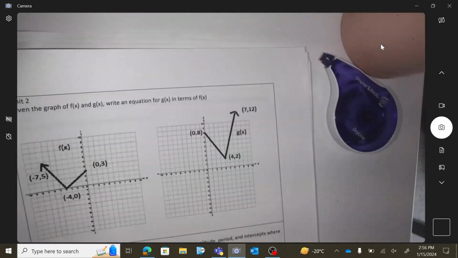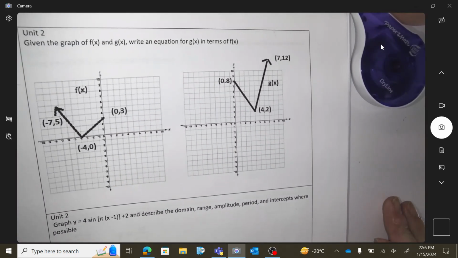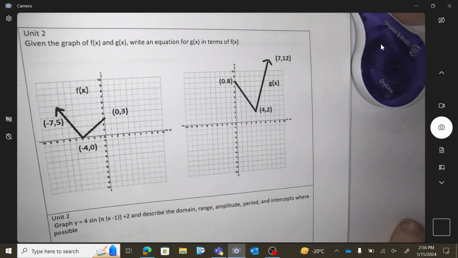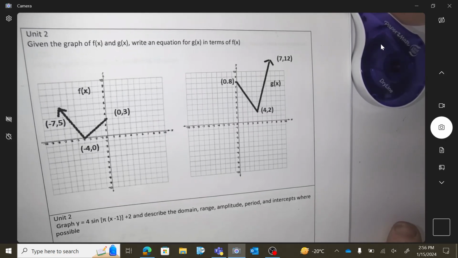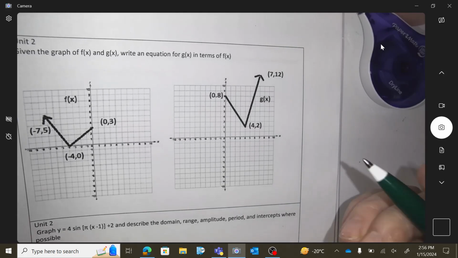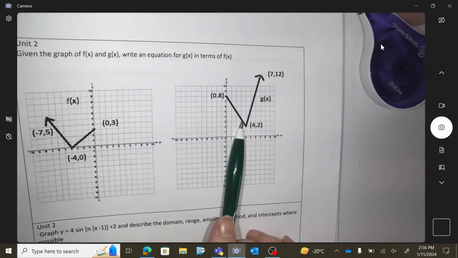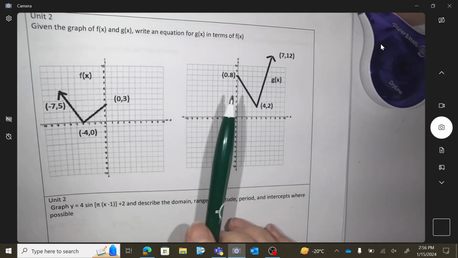Okay, can you make equations? Some of you found this a little bit tricky, so just a little bit of a star here. Okay, so this is the original and it turned into that.